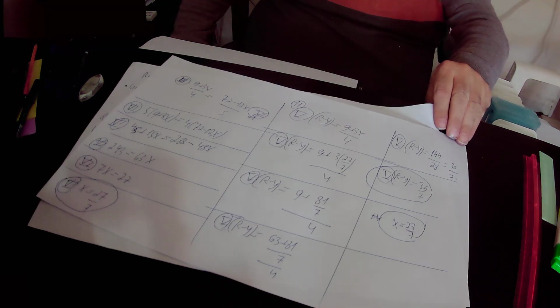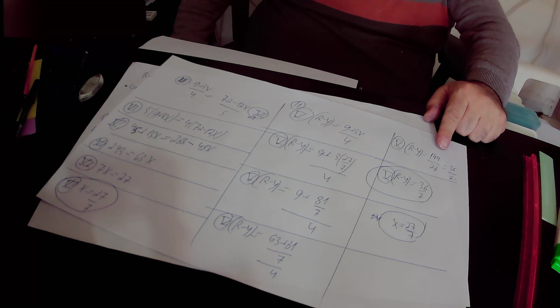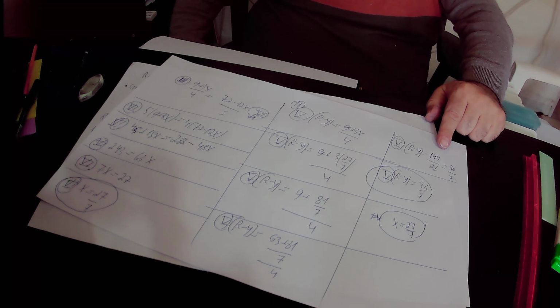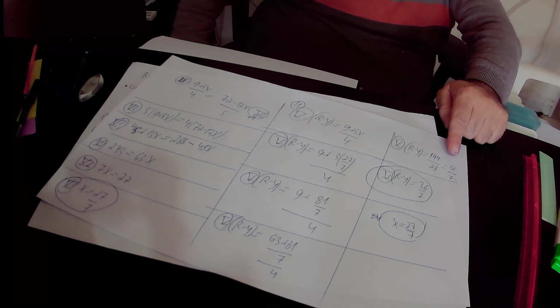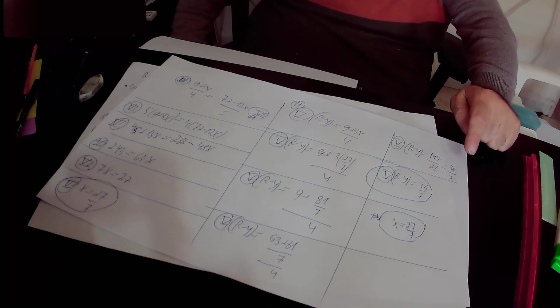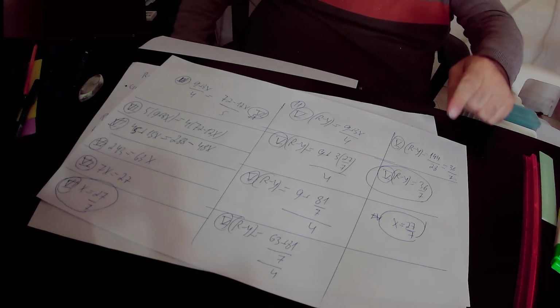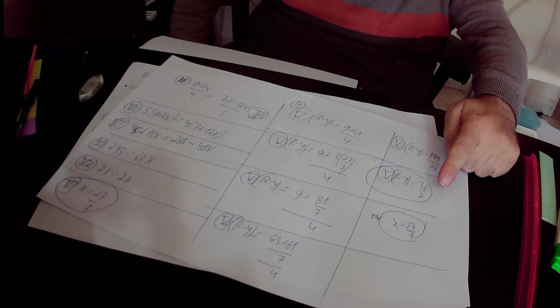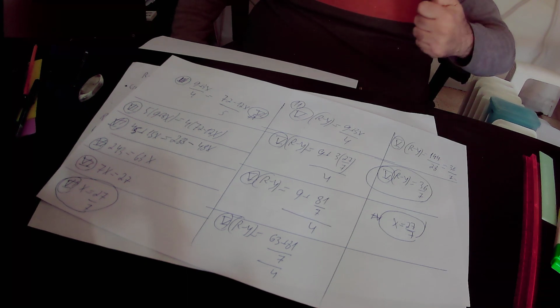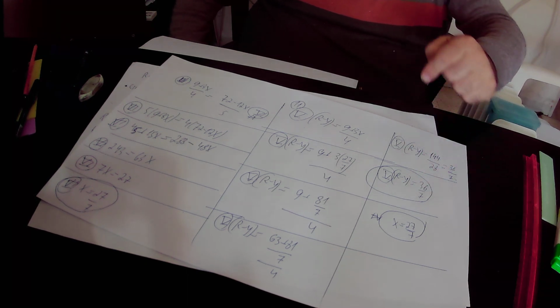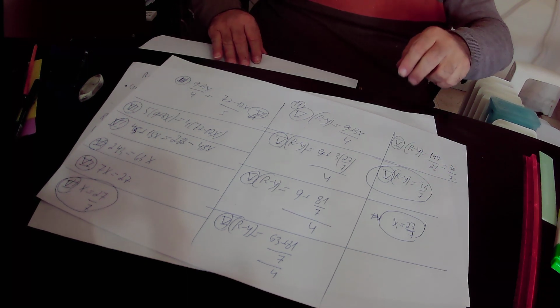Here we divided both the numerator and the denominator by 4, and we got that 144 over 4 is 36, and 28 over 4 is 7. So in conclusion, according to equation number 5, r minus y equals 36 over 7, and x, according to equation number 6, is equal to 27 over 7.